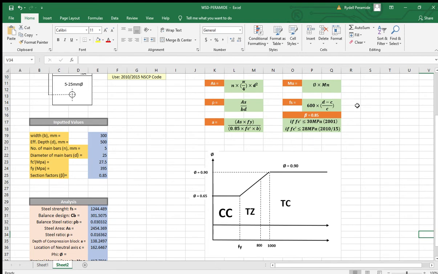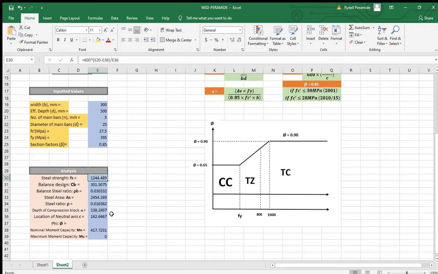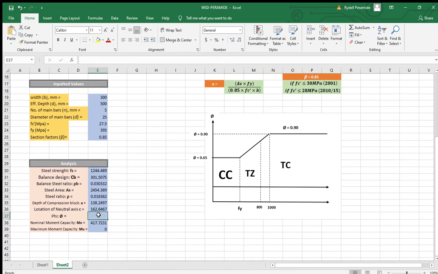The formula of fs is 600 times d minus c over c. So 600 times 500 minus the c, 162.6467, divided again by c, and we will get an answer of 1244.489.